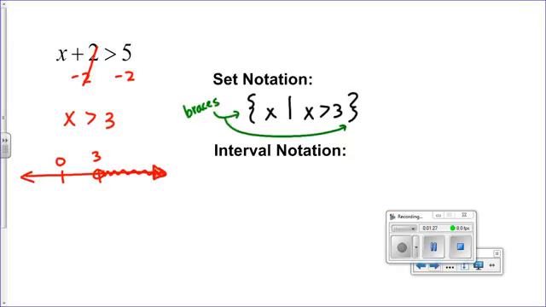And then what you're saying is that the solution is x. So you put your variable here. And then you use this vertical bar, and that vertical bar means such that, so x such that x is greater than 3.